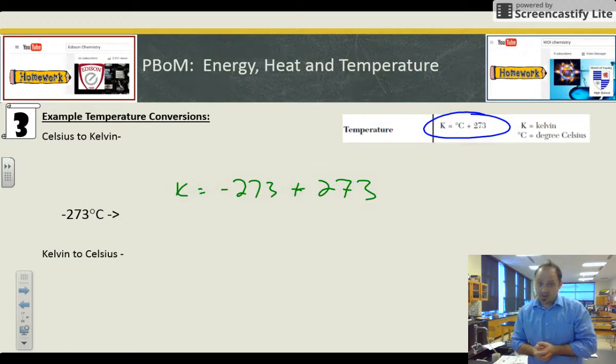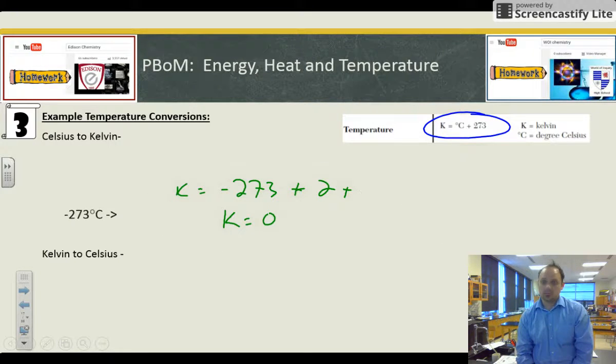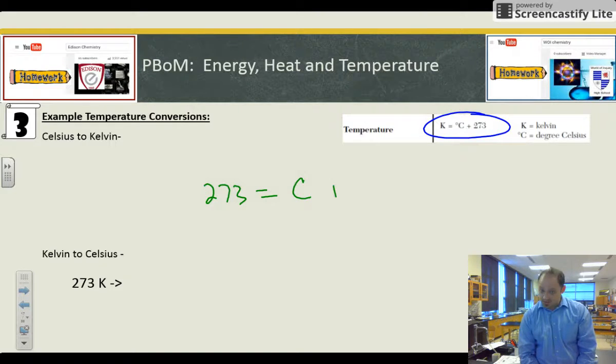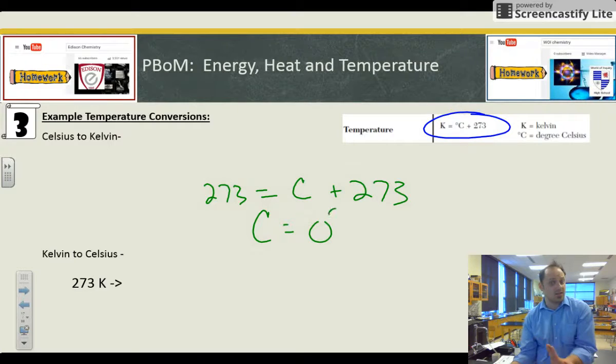So negative 273 Celsius equals 0 Kelvin. Now, going backwards the other way, you just got to plug them in and solve it properly. So this time, instead of K equals value plus 273, I'm going to say 273 equals Celsius plus 273. Subtract from both sides to get Celsius by itself, and there you go.